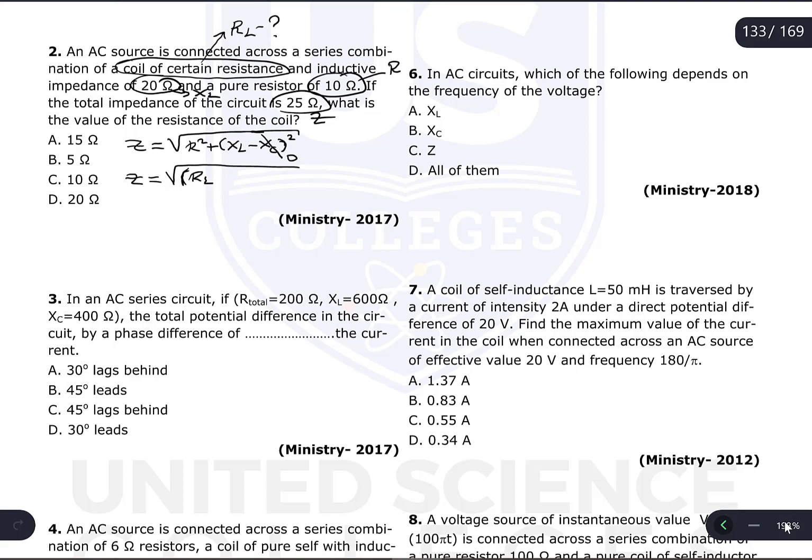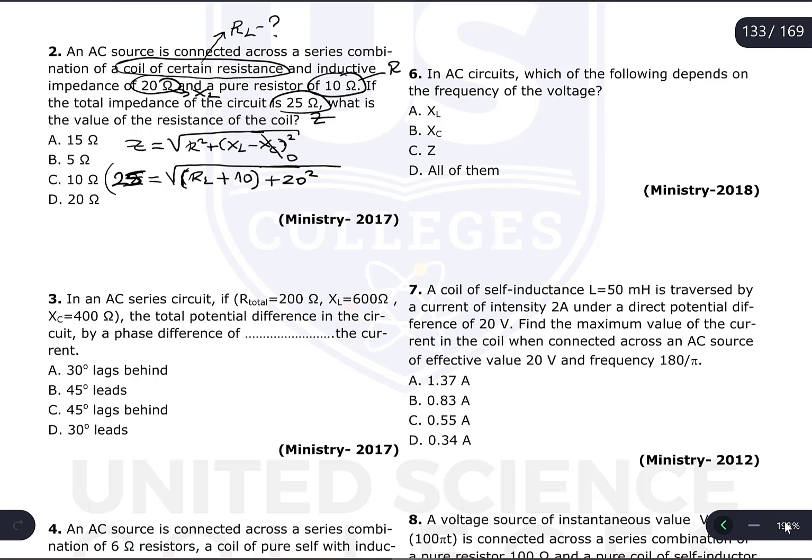Because both are resistance, I am going to add them. RL plus 10, which is just like resistors connected in series in DC. Because resistance can be defined in DC and AC in the same way, plus XL squared. XL is given as 20. And Z is given as 25. Instead of Z, I'm going to write in here 25.